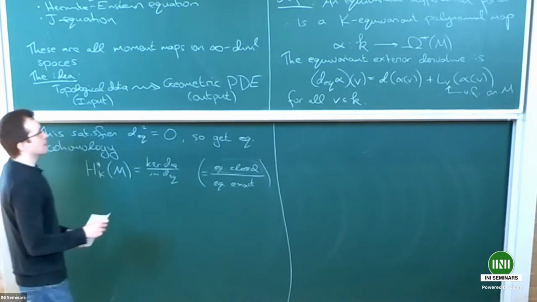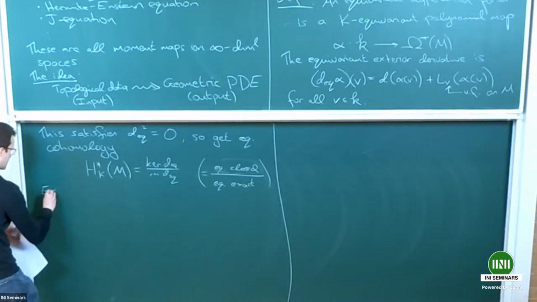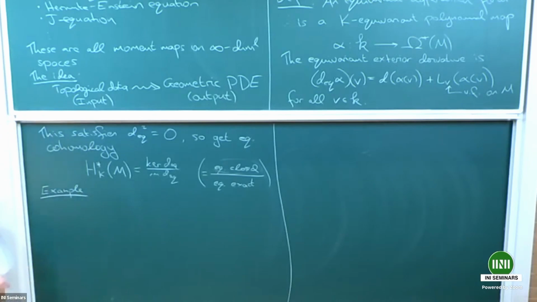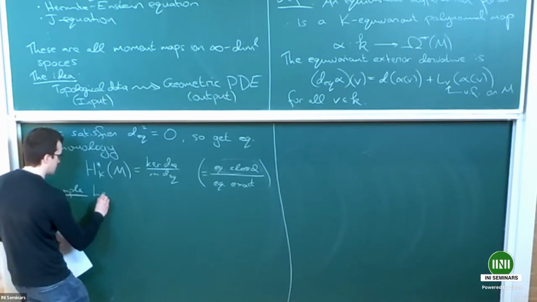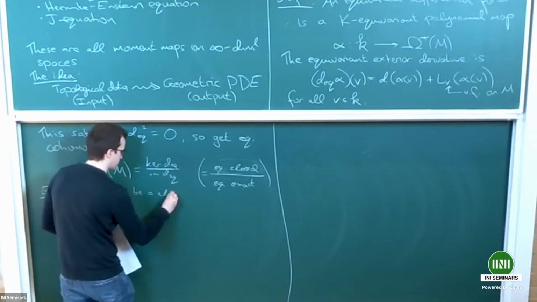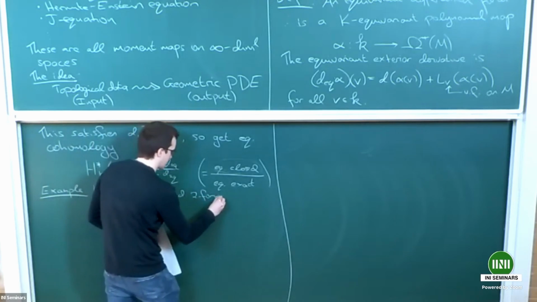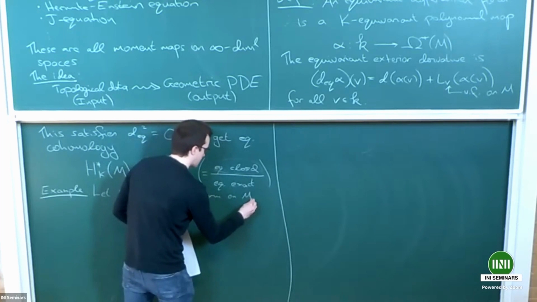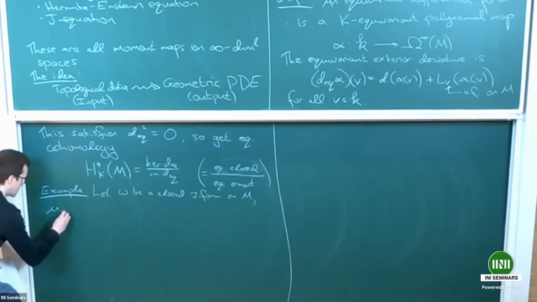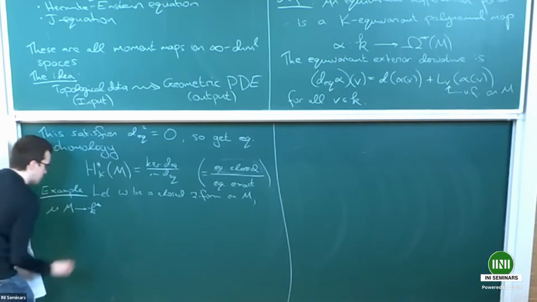So those are all the abstract definitions, but let's give an example. I want to let omega be a closed two-form on M. And mu, I want to be a K-equivariant map from M to the dual of the Lie algebra.